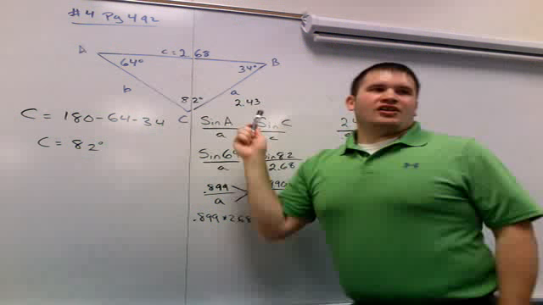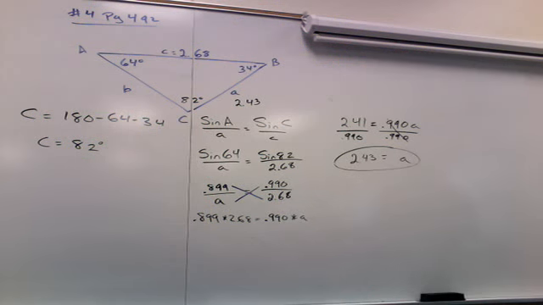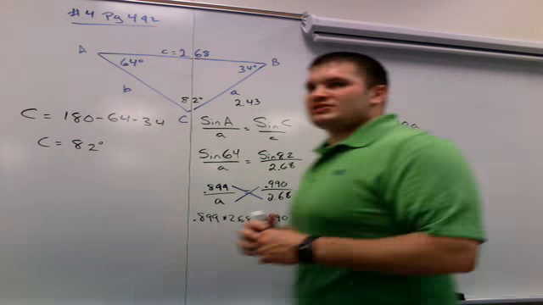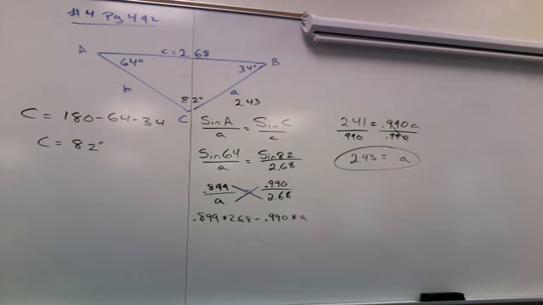So now you have options. You can use big A and little a with big B and little b, or you can use big C and little c with big B and little b. You can pick which way you do it. So you and the person next to you might not do this one the same way, and that's okay. Variety is the spice of life.